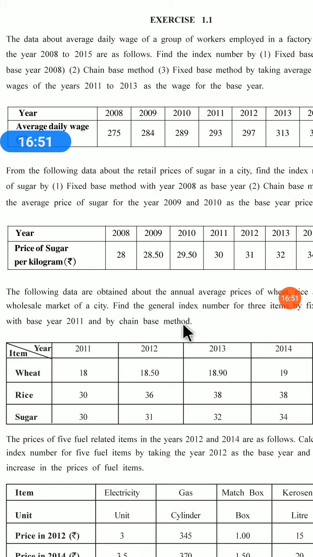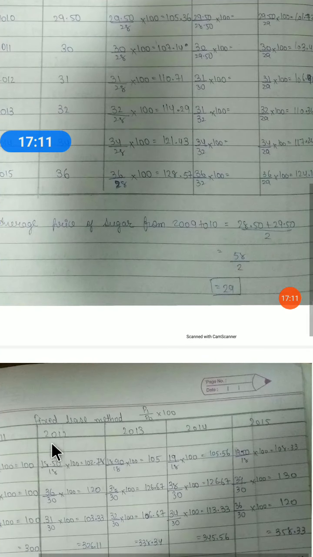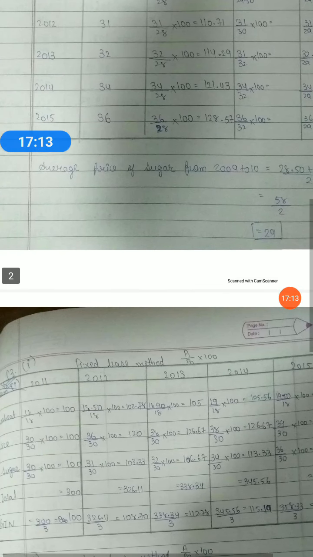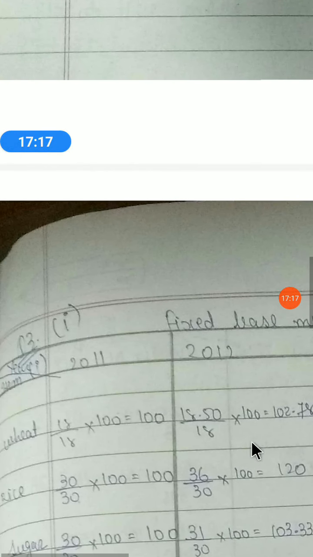Here which year do we have to take as the base year? 2011. But in the first question and second question, the price of only one item is given. In the next question, 3 items are given. Okay girls, which 3? Wheat, rice and sugar. So let's see how to complete the sum. See girls, here first we have to make a table.